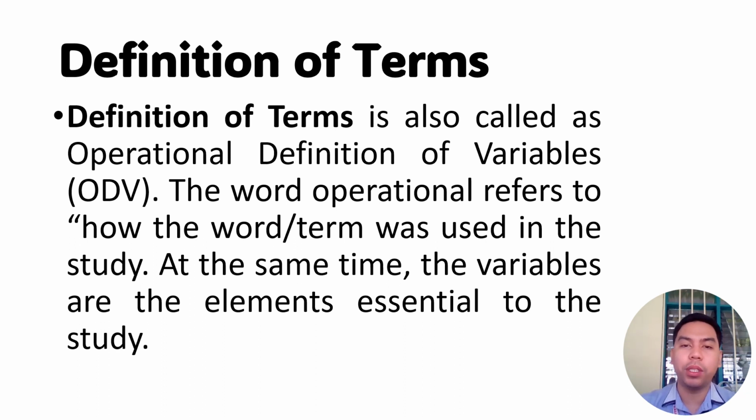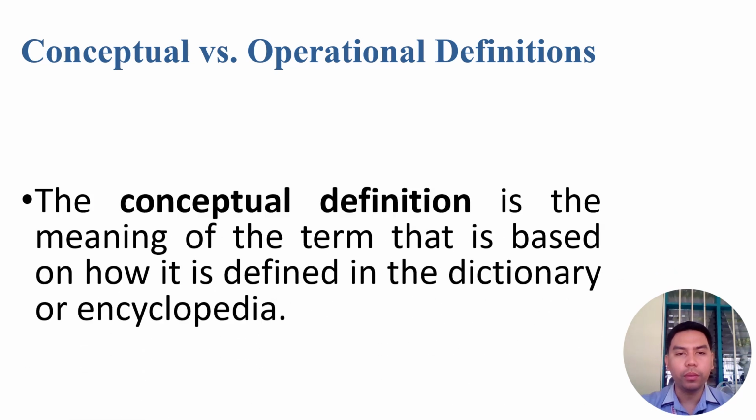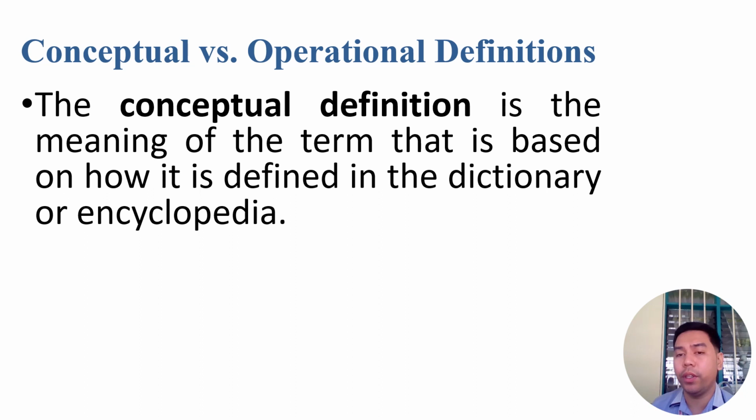Now, we have two types of definition of terms. We have the conceptual and operational definitions. So moving on, let us first define what is conceptual definition. The conceptual definition is the meaning of the term that is based on how it is defined in the dictionary or encyclopedia.